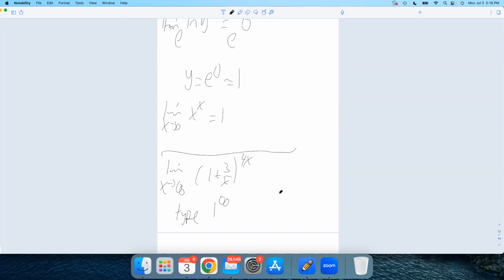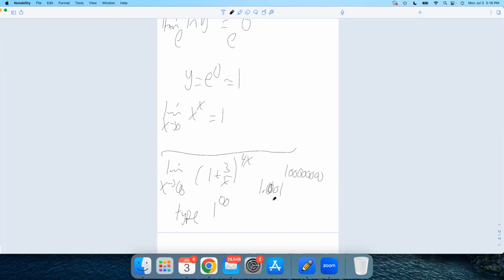Imagine, type this in your calculator. Try 1.001, a really small number, bigger than 1, to the 1,000,000th power. Your calculator will probably give you an overflow because this number is so big. Like this is humongous. It's a giant number.